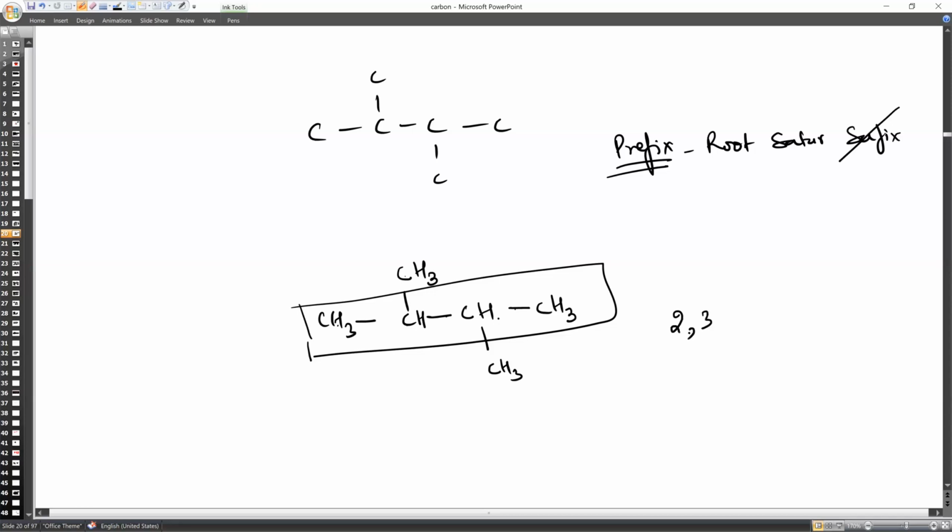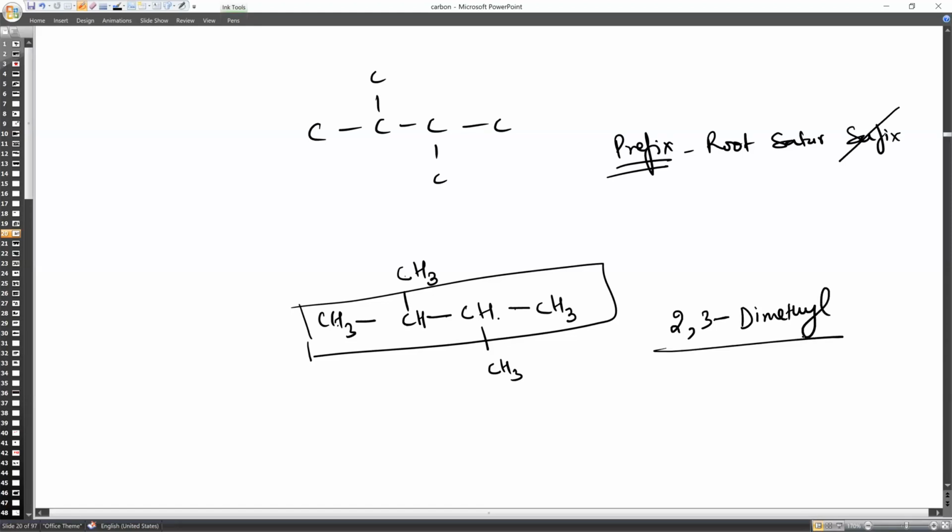When we have two numbers, there should be a comma between them. And when we are writing a number and an English word, there should be a dash between them. So we'll write 2,3-dimethyl, because at 2 position and 3 position we have methyl.